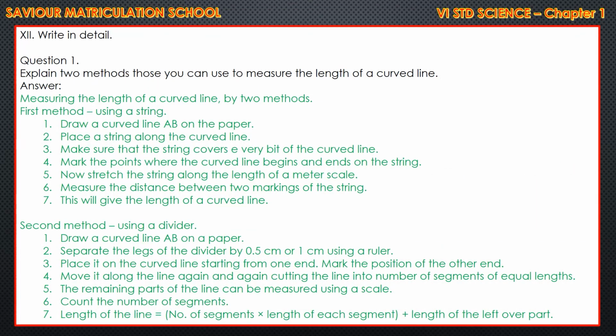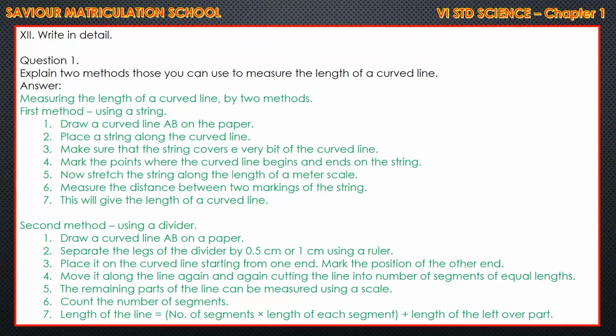So Roman number 12, answer in detail. The first question is, explain two methods that you can use to measure the length of a curved line. First method is using a string. Draw a curved line AB on the paper.